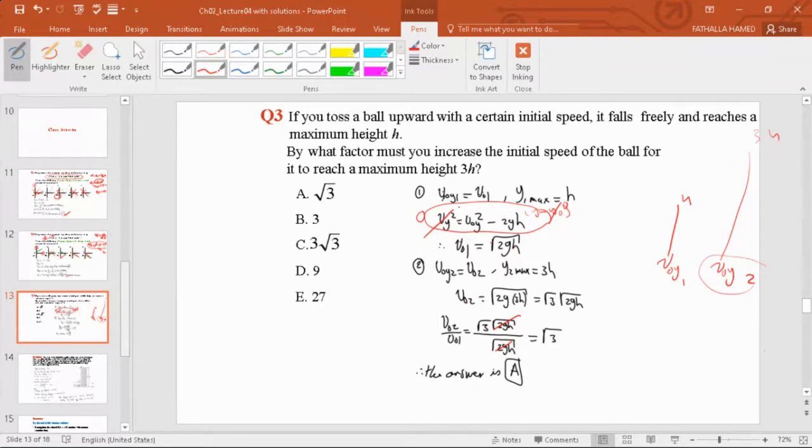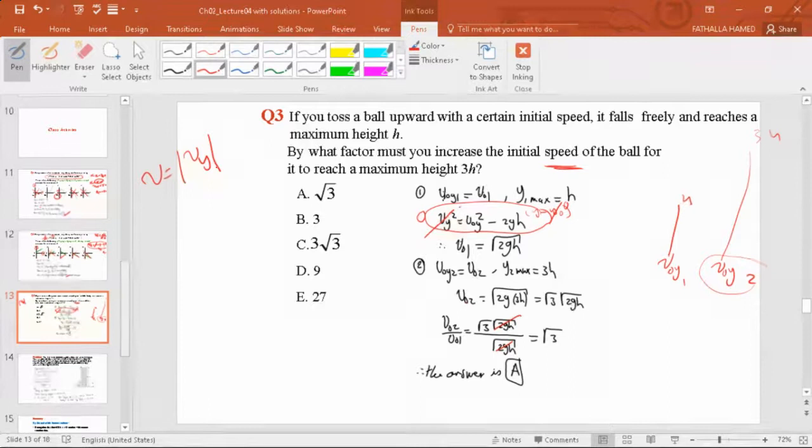We're just taking the speed here, which should equal the positive value, since when you throw something up, it's going to be positive. So I drop the y here, and they ask for the initial speed. As I told you, the speed V should equal the absolute value of Vy. So V0 should equal the absolute value of V0y. If we put 1 here, it will be V0 in case 1, which equals the square root of 2gh.